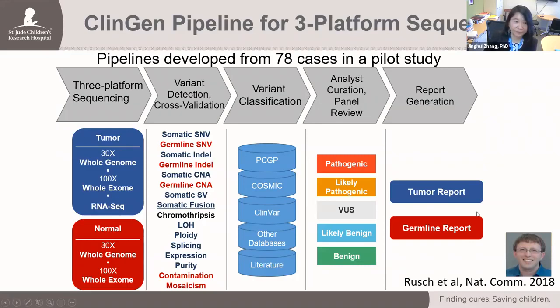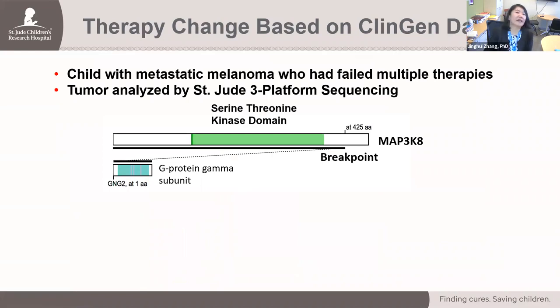I want to mention that, with the application of this approach to clinical sequencing, we actually can make therapeutic changes for a subset of the patients that are not enrolled in a clinical trial. This is one example where therapy changes occurred based on the use of the clinical genomics data.